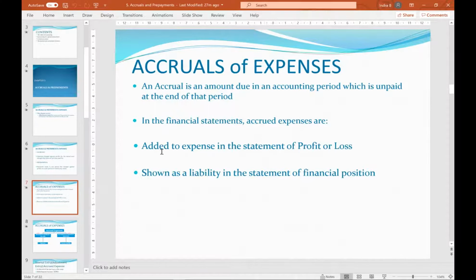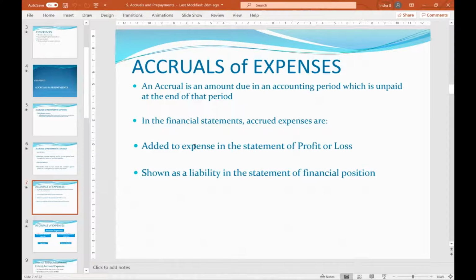If the expense is accrued, like, if the year is ending 31st December, we'll estimate an accrued expense and show it in the extended trial balance. So we will be adding this to the expense and showing it as a liability in the statement of financial position.